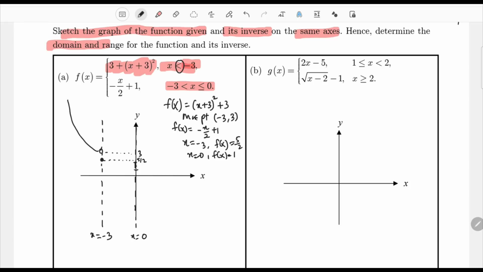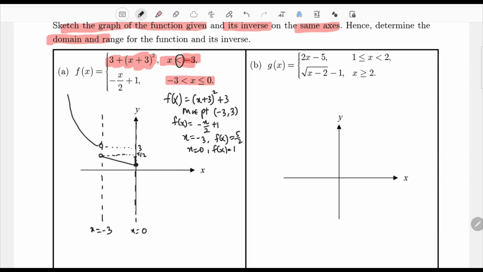And then when x is 0, it becomes 1. So here 1. This is also an empty circle. Empty circle at 5/2. So let's join the 2 points. Okay, so that should be the curve of your f(x).